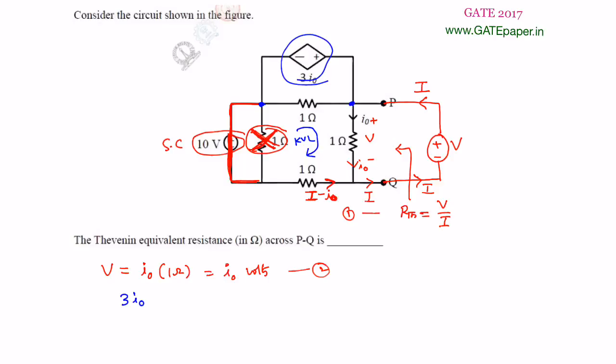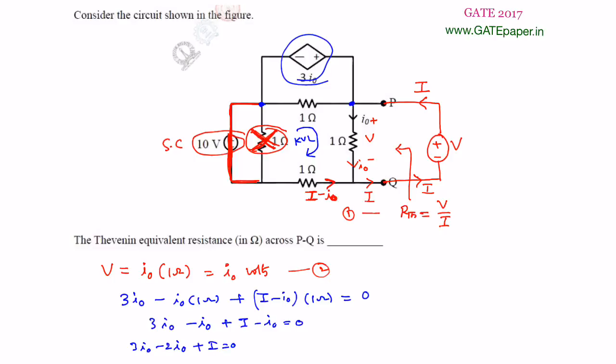Same direction means I am going with the opposite sign: 3I0 minus I0 into 1 ohm plus I minus I0 into 1 ohm is equal to 0. So you can write it as 3I0 minus I0 plus I minus I0 is equal to 0.